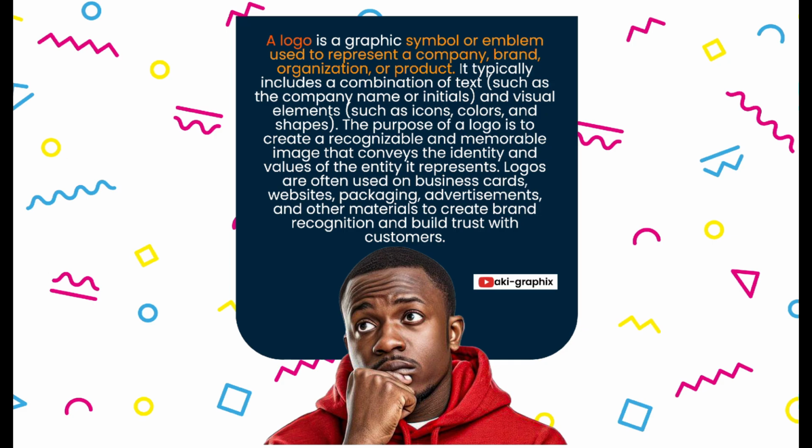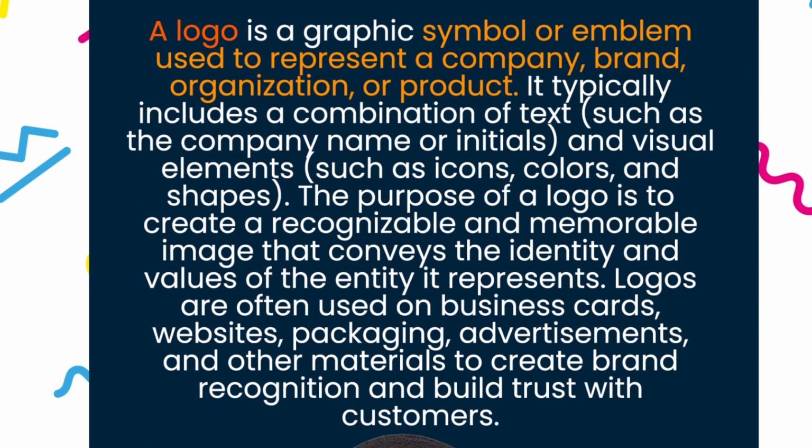A logo is a graphic symbol or emblem used to represent a company, brand, organization or a product. It typically includes a combination of text, that is names or initials, and a visual element.